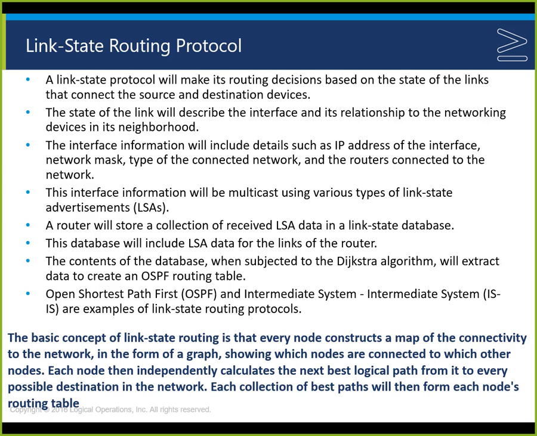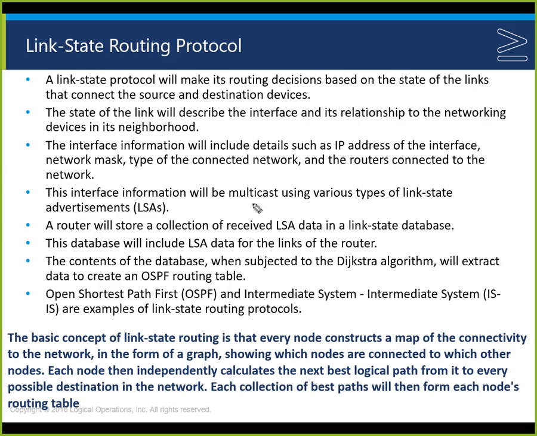Routing protocols, RIP for small networks, OSPF and EIGRP would be the preferred, and that's what this one is about, OSPF and EIGRP for both IPv4 and IPv6. The information will be multicast, not broadcast.